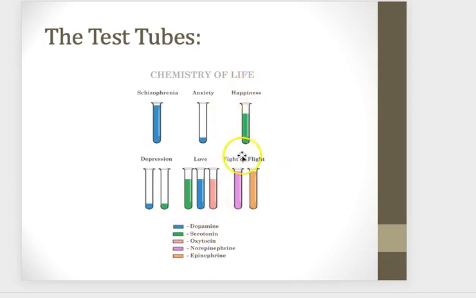Serotonin is responsible for happiness. So if we block your serotonin, you could get to a spot where it's like depression. And you can see that not everything is solely one neurotransmitter or the other. Also, dopamine has a role in love, depression, anxiety, and schizophrenia. So you have to weigh all of those things when you're picking an antipsychotic or a medication for a patient, because every medication has some kind of drawback.